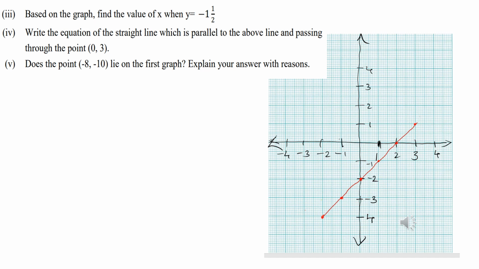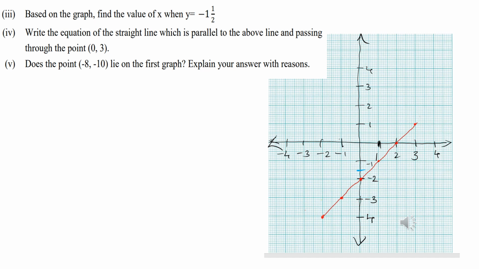Here you have to find, based on the graph, the value of x when y is equal to minus 1.5. Then you can say y is minus 1.5 here, right?